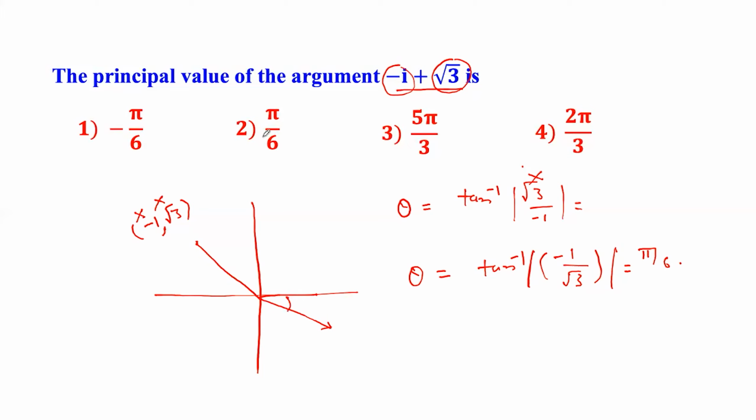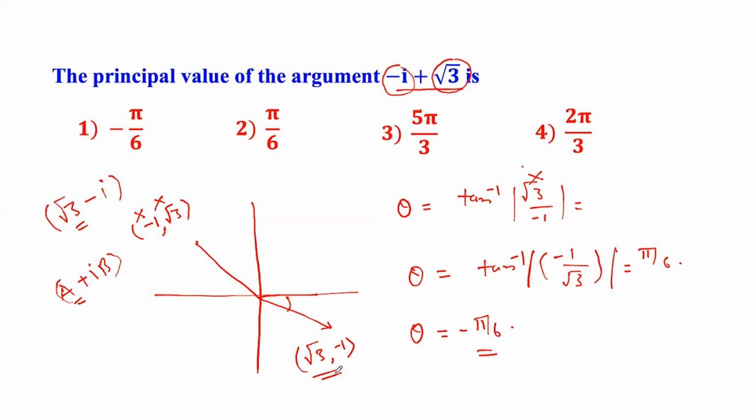If the number is in the fourth quadrant, then theta is equal to minus of pi by 6. So we have to be careful. The first number and second number, we first write in a plus ib form, where a is root 3 and b is minus 1, so this is in the fourth quadrant.